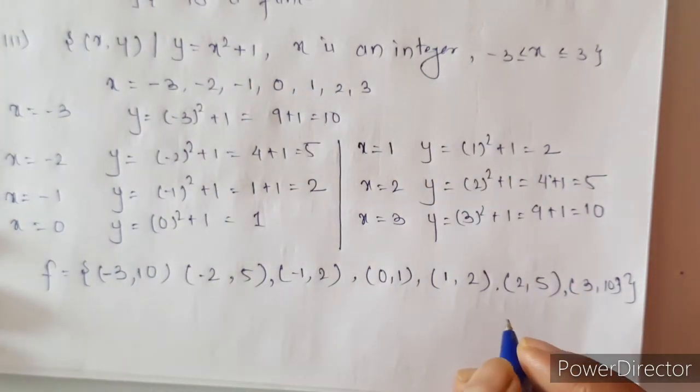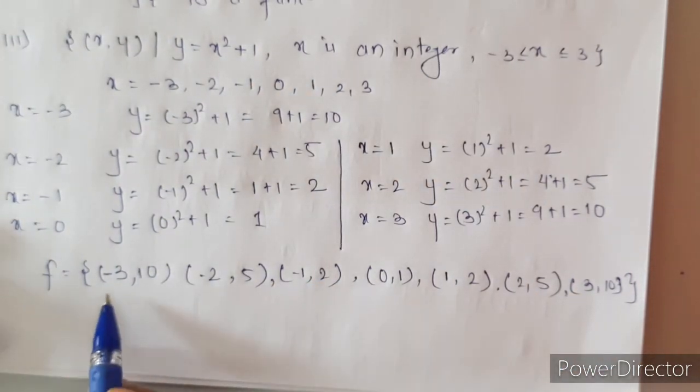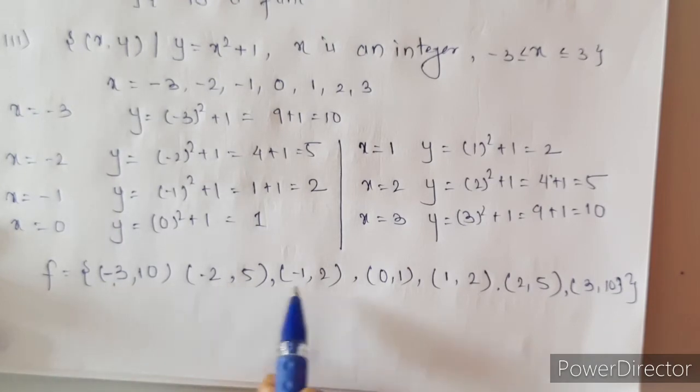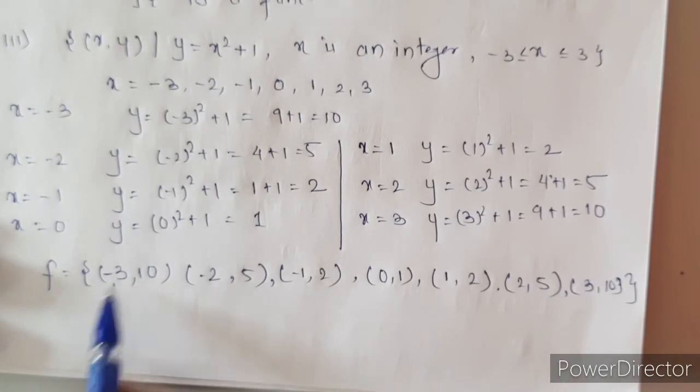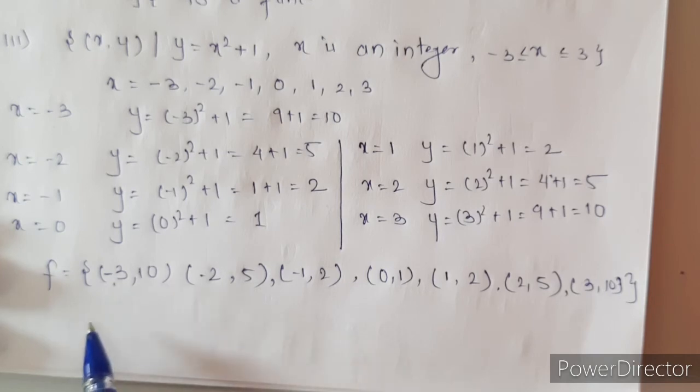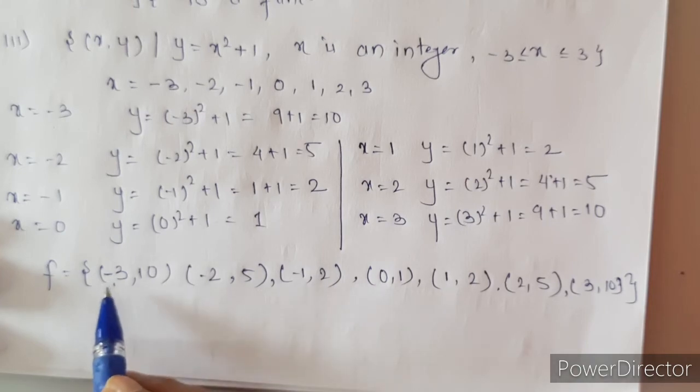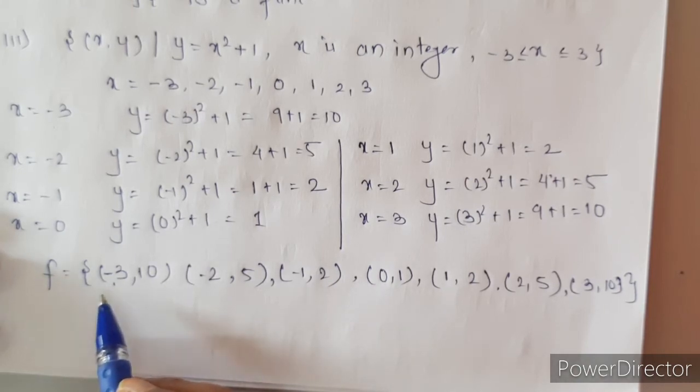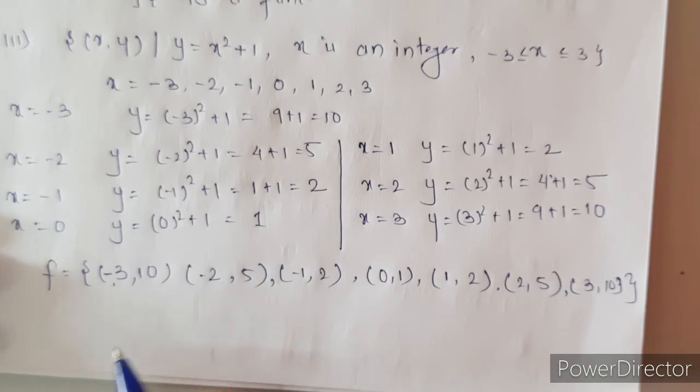Now we have to check whether it is a function or not. Let's look at each and every element from the domain. Here we have minus 3, and minus 3 is going to 10, but 3 is also related to 10. So two values from the domain are going to only one value, so it is not going to one and only one value.